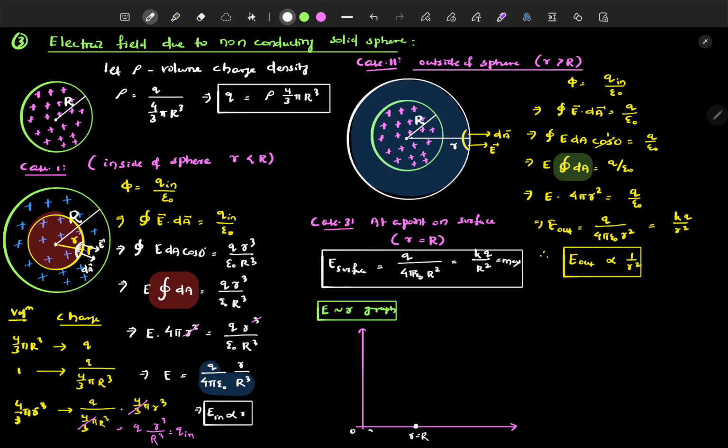This region represents small r less than capital R, and here small r is greater than capital R. At the surface the electric field is maximum, so the point will be this one.